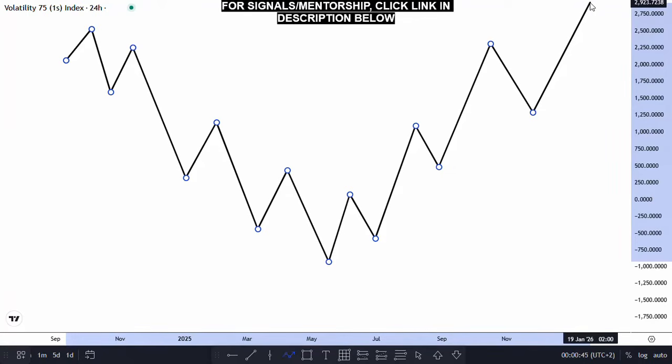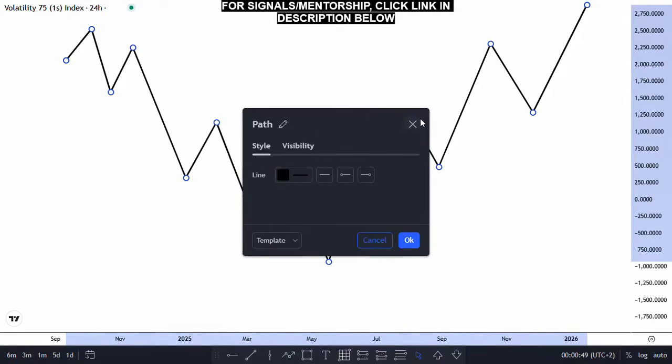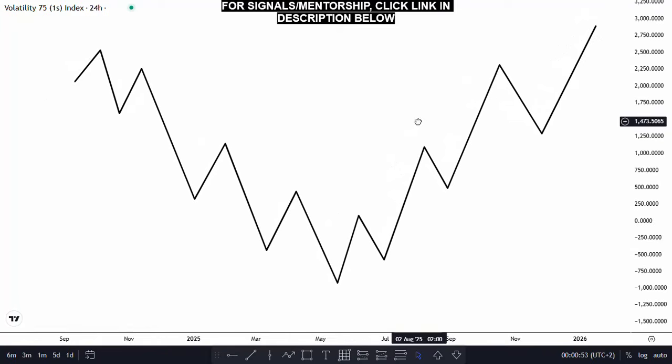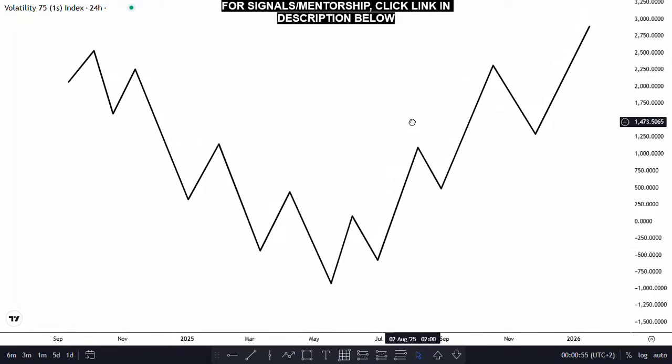The reason this market is very easy to grow your account in is that in a week you need to catch at least 200 pips, and you'll be okay.